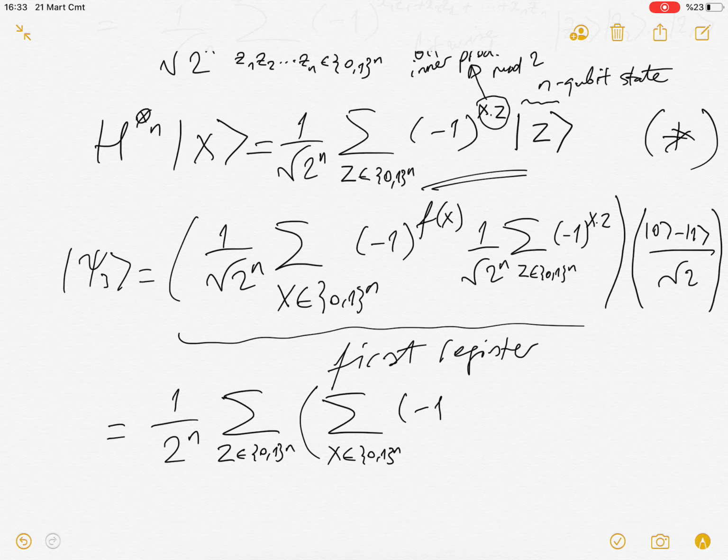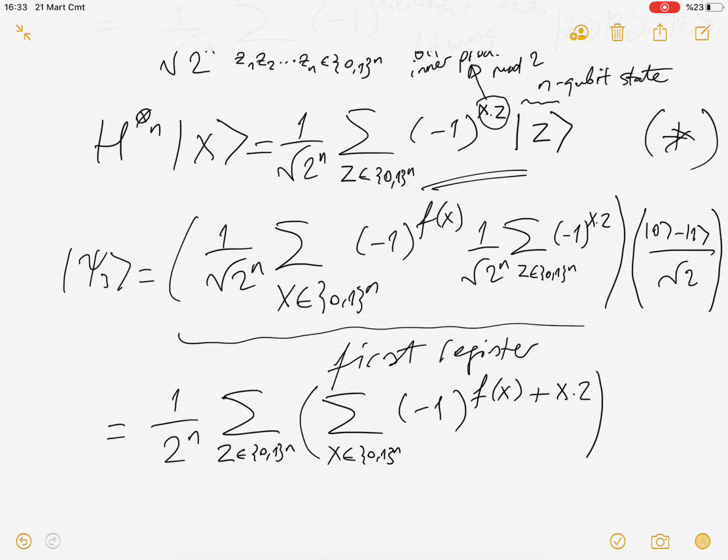The common factor is minus 1 to the power f of boldface x plus, so I'm adding the exponents, x times boldface z.